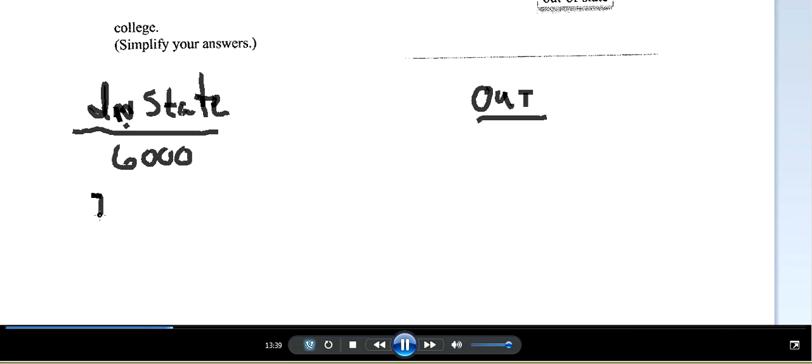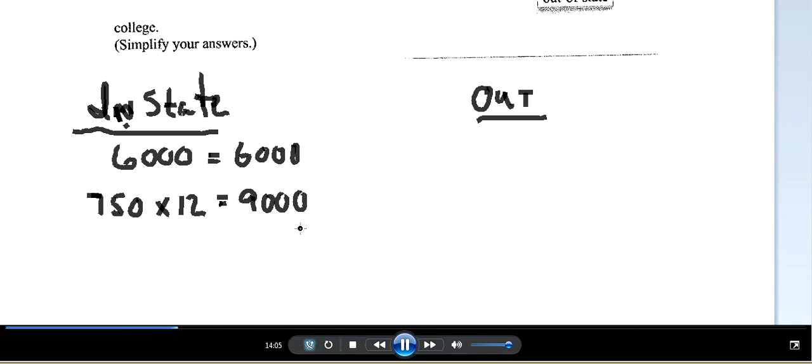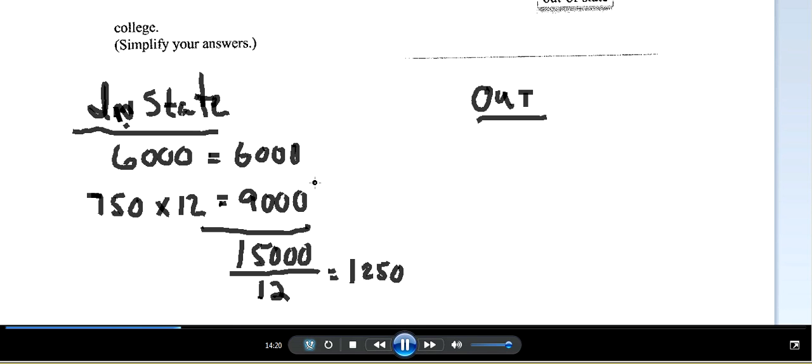Then we had rent of $750 times 12, which equals 9,000. And of course 6,000 equals 6,000. Altogether that's 15,000. We're going to take that 15,000 divided by 12, and that's going to give us $1,250 monthly.